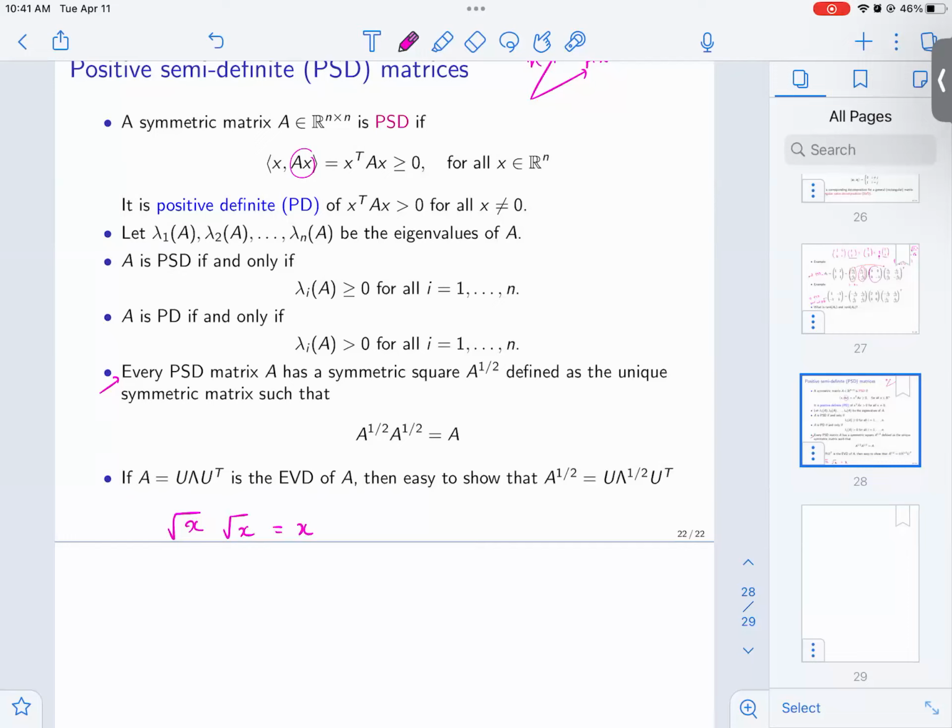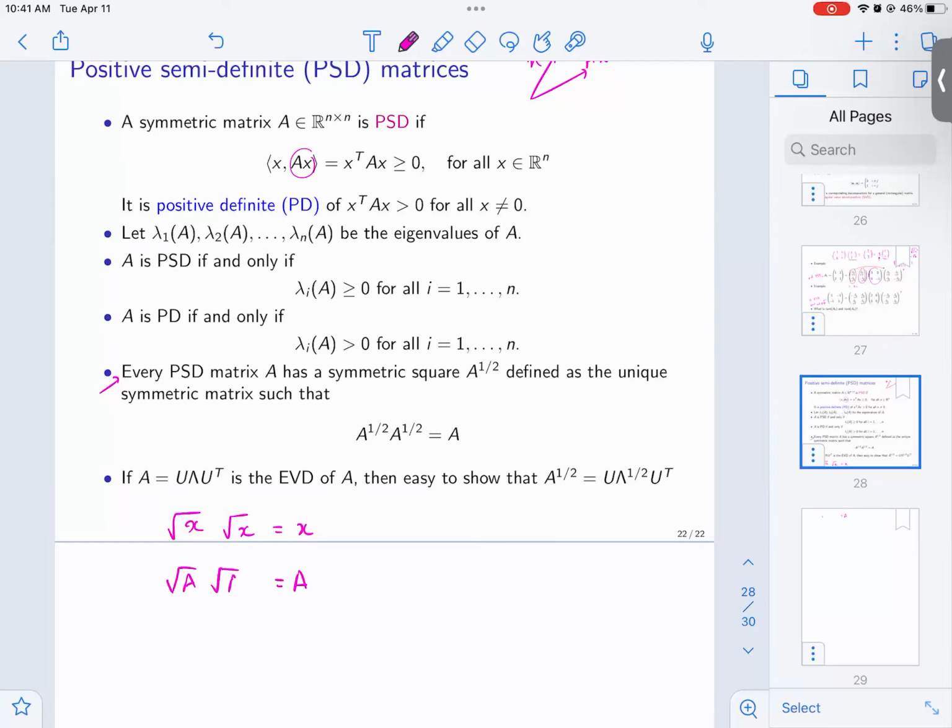So I can define it for matrices. If I have a symmetric matrix A, I want to find a matrix such that if I multiply it by itself, I get back A. This is a little bit more tricky because matrix multiplication is not that simple. It's a non-intuitive way of multiplication.